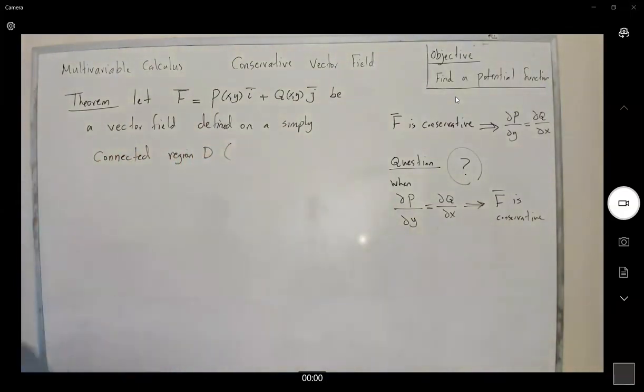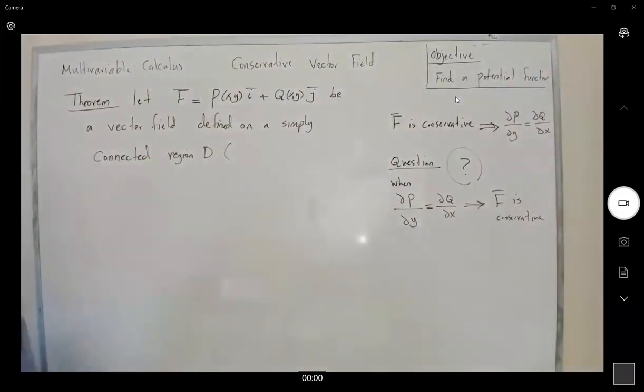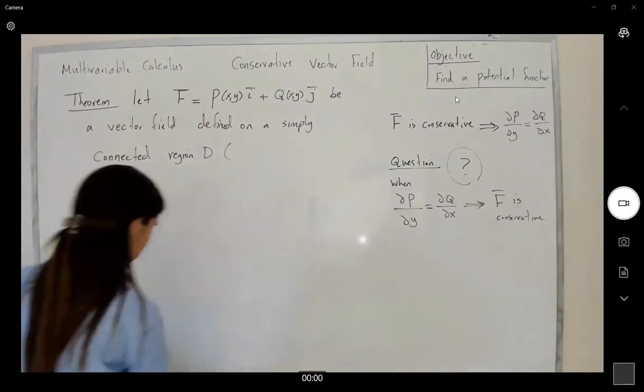It means that, first of all, you can shrink any simple closed curve into a point in that domain.